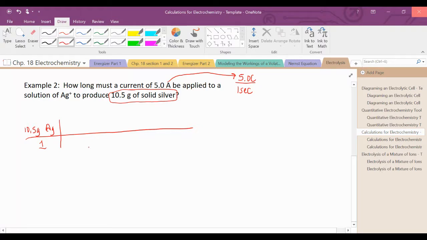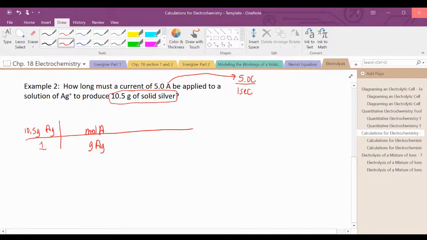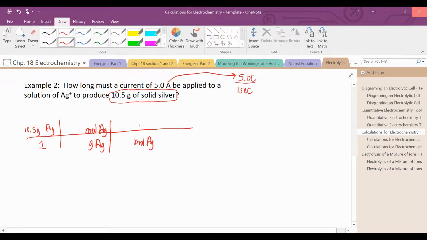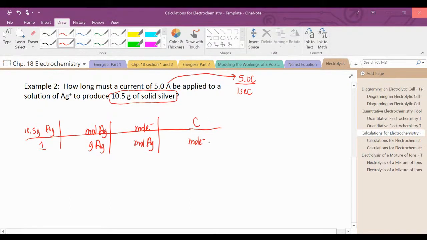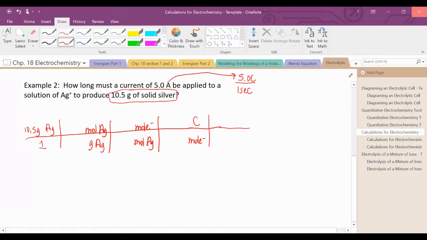So we're going to start with grams of our metal to moles of our metal, and then moles of the metal to moles of electrons. And then we can use that moles of electrons to get to coulombs. And so now that we have coulombs, we can use our amps to get from coulombs to seconds. Okay, so I'm just going to choose to solve right here and find seconds.